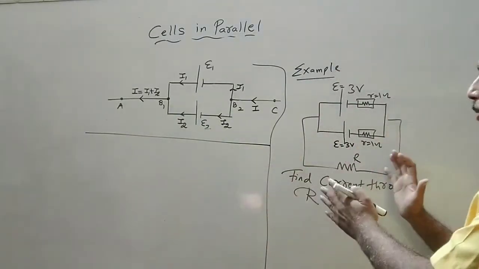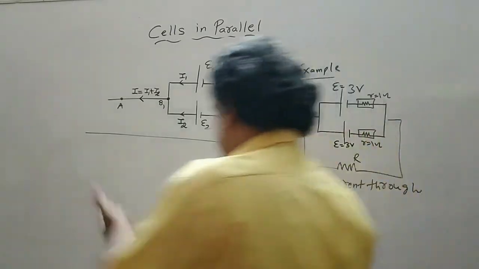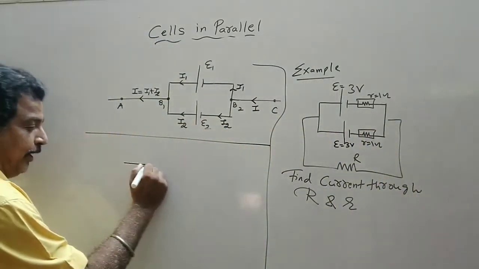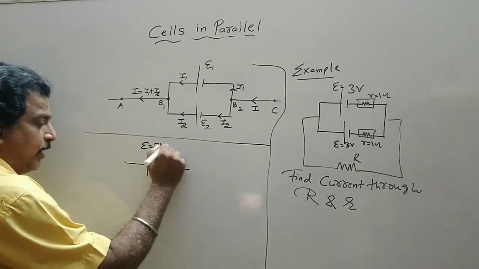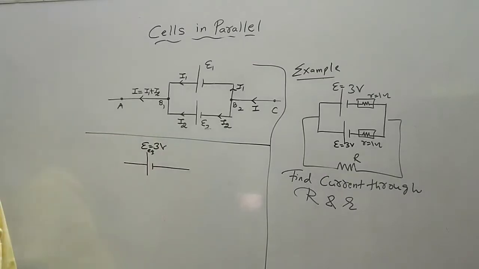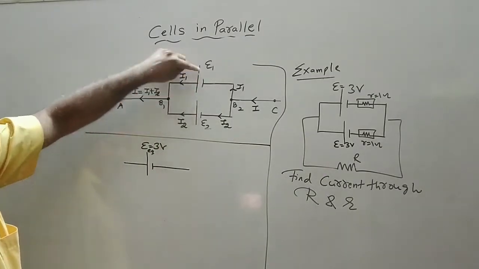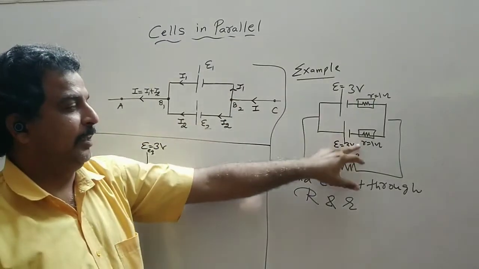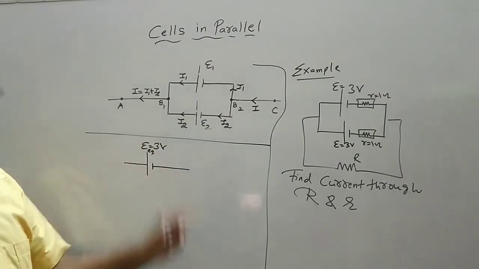First I will draw the equivalent diagram of this. So the equivalent diagram can be redrawn as this. EMF is equal to 3 volt, so I write this as E equivalent. Both cells are having the same EMF in parallel combination, so we have proved that the equivalent does not change, it remains same.